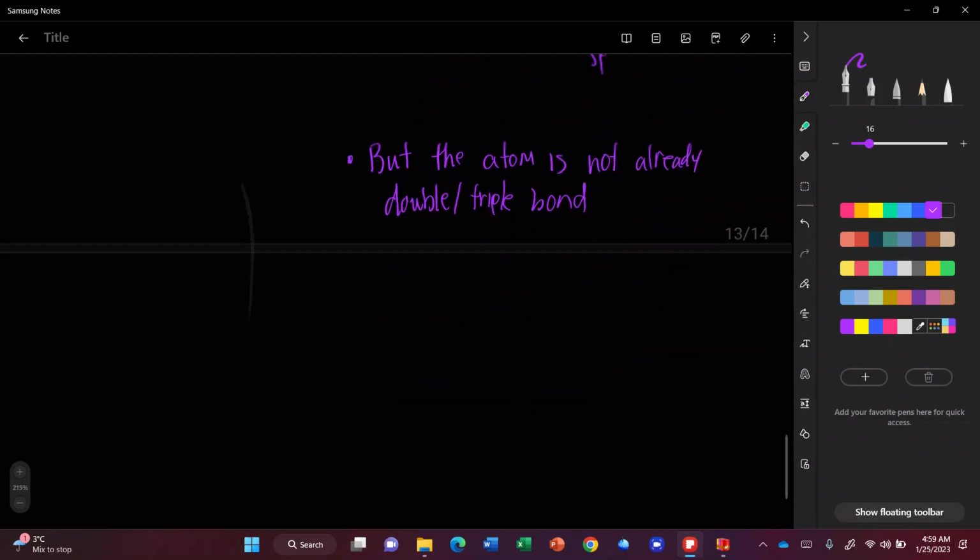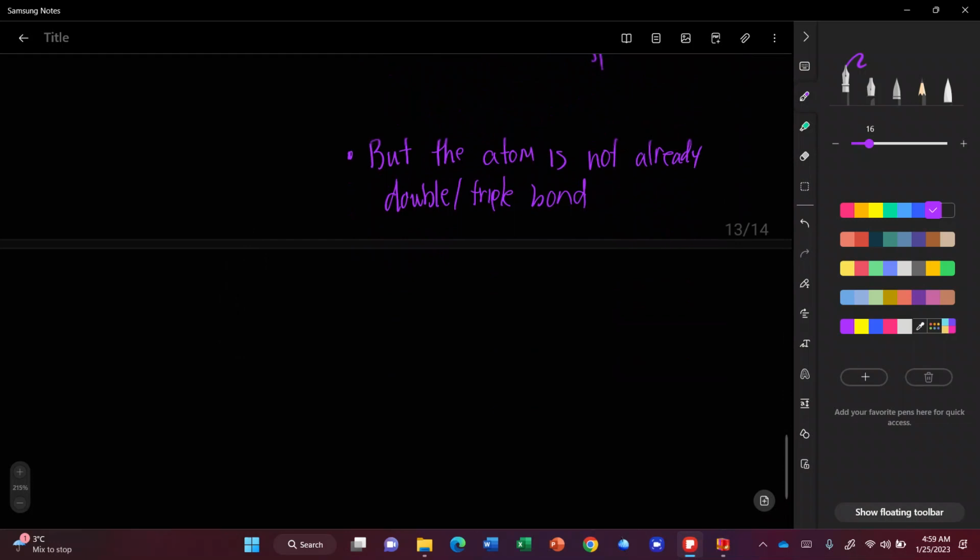The reason that it would be in a p orbital is so that it can resonate. So if the atom is not already double or triple bonded, then the lone pair would be in a p orbital. So an example of that would be, we go back to one of our friends over here. Okay. All right.